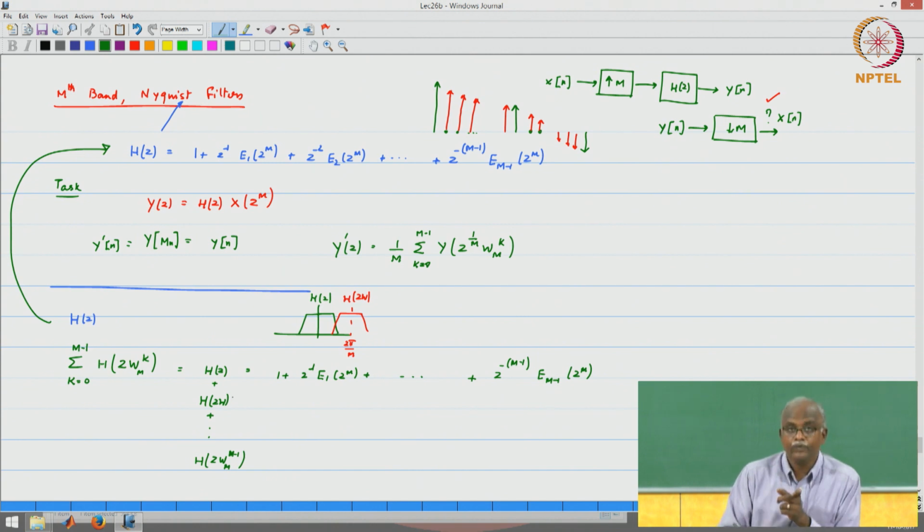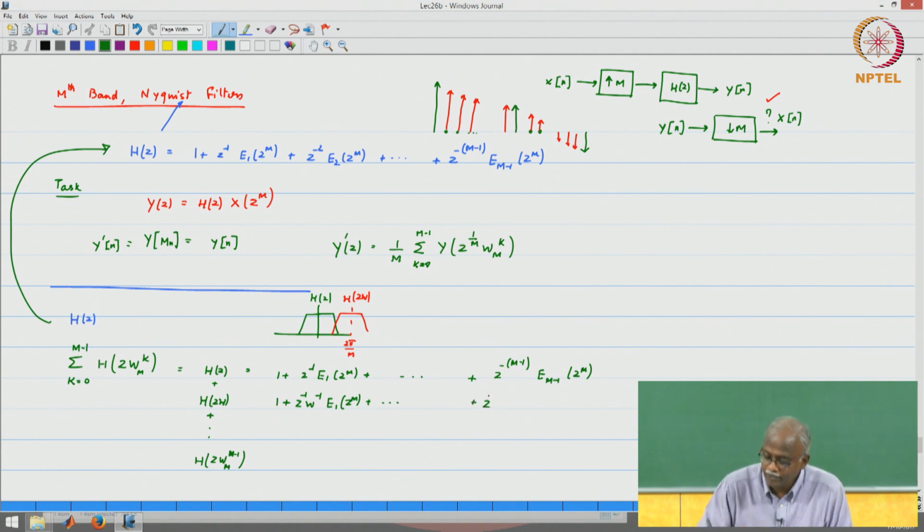H of zw, that means wherever there is z, replace with zw, this one will become 1 plus z inverse w inverse E1 z power m remains as E1 z power m because w raised to the power m.